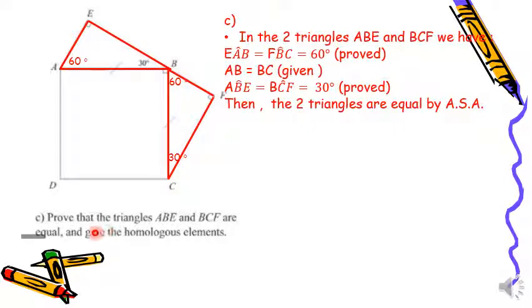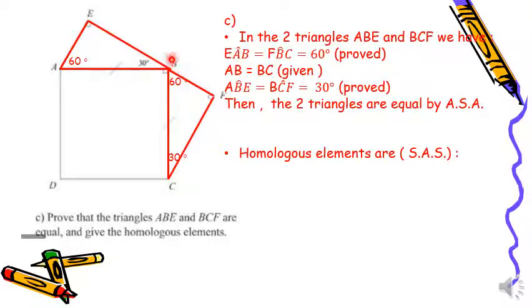Then they told us to find the homologous elements. After proving two triangles are equal, the remaining corresponding elements are equal. So the homologous elements are the remaining elements. They are opposite to these elements, so they are side, angle, side.